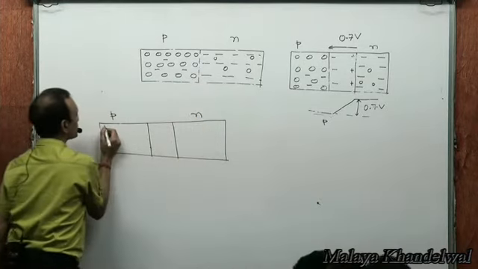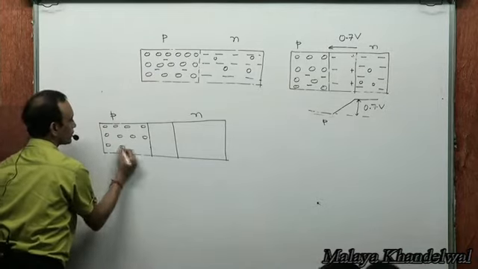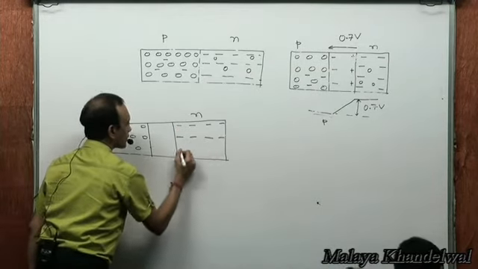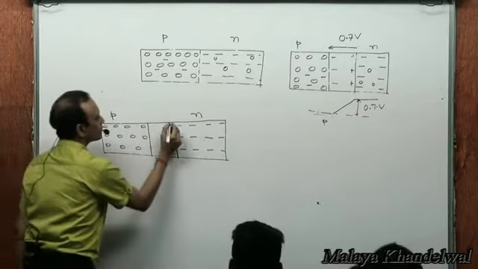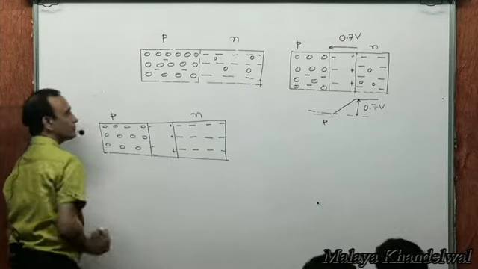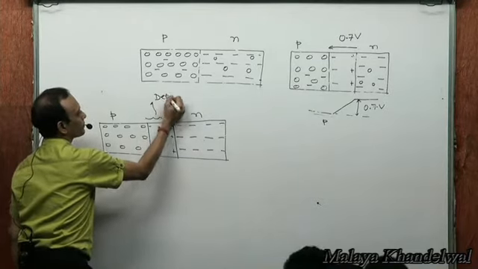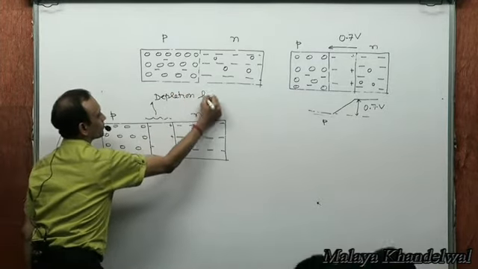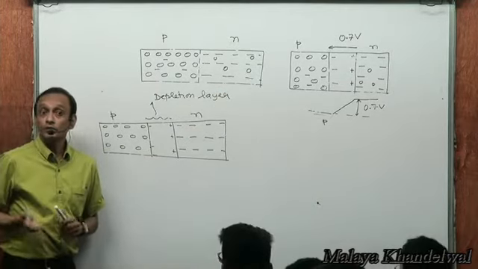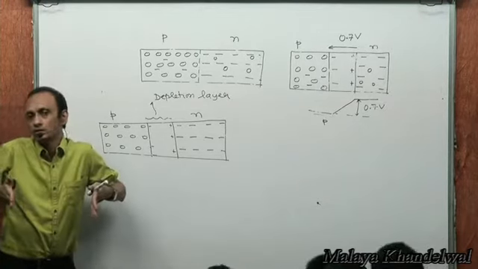This is N type. This was the depletion layer, by the way, in a typical PN junction. And you know, this formation of depletion layer starts the moment the junction is created, and it builds up to a certain value.